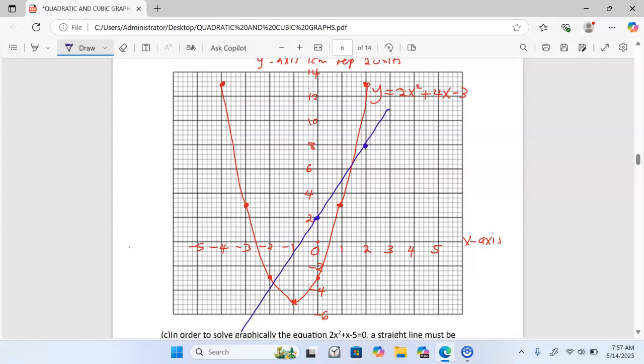So once we have this line, we can come and label it. We have y is equal to 3x plus 2. Again, for you to score, you must always label that line. So the solutions are going to be where these two intersect. These are the points.